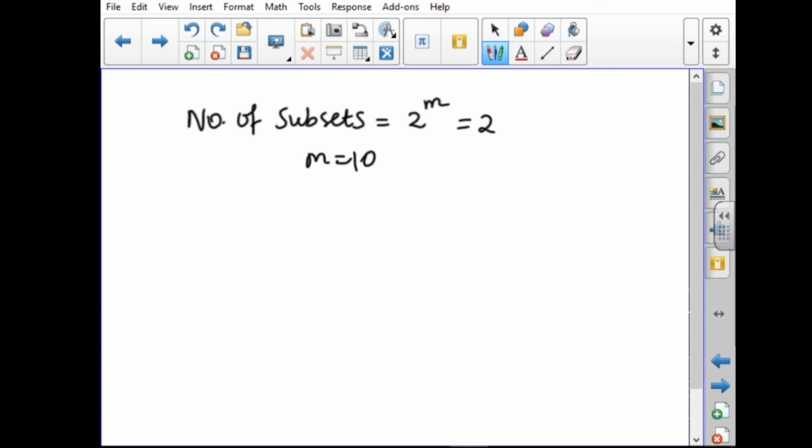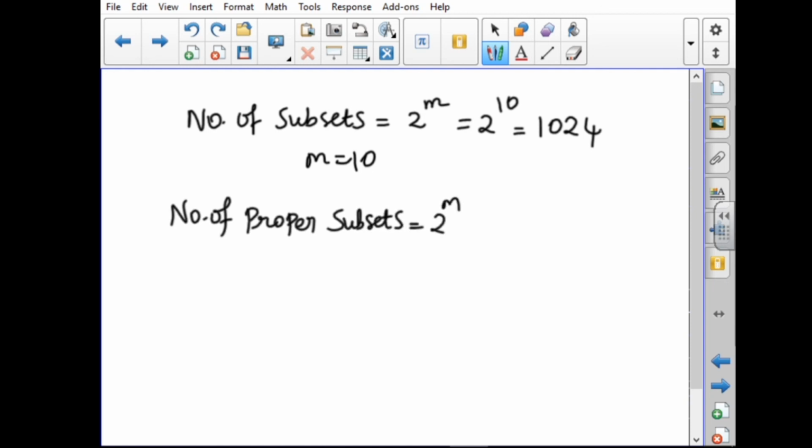So that is equal to 2 power 10, 2 into 2, 10 times you have to multiply, you will get 1024. Okay. Then number of proper subsets, that is formula 2 power m minus 1, that is equal to 1024 minus 1, you will get 1023.